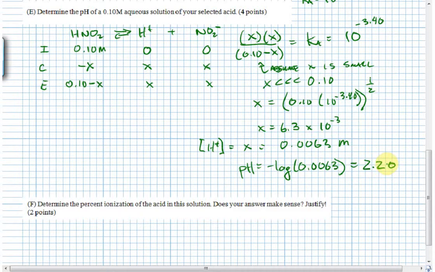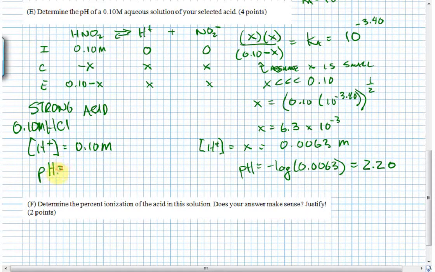If it was a strong acid like HCl, remember your benchmark, if we had a 0.10 molar solution of HCl, H plus would be equal to 0.10 molar. Strong acids are completely ionized, and therefore the pH for a strong acid with a 0.10 molar concentration would be 1.00.